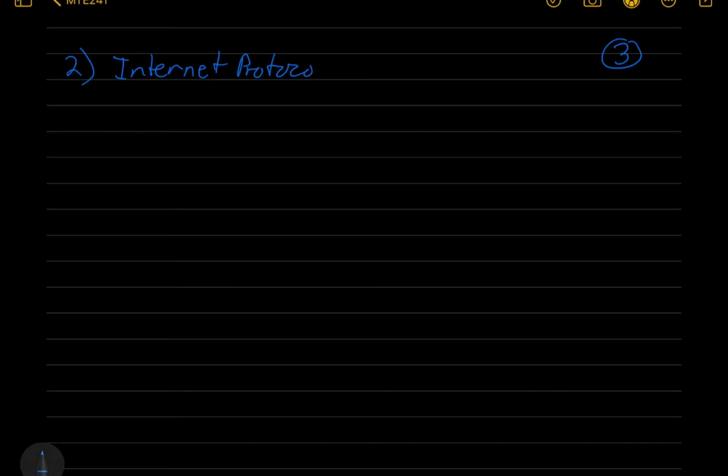Internet Protocol, or IP, and its job really is to look at addresses and to direct datagrams to their destination address.